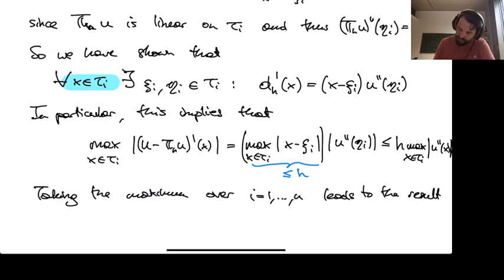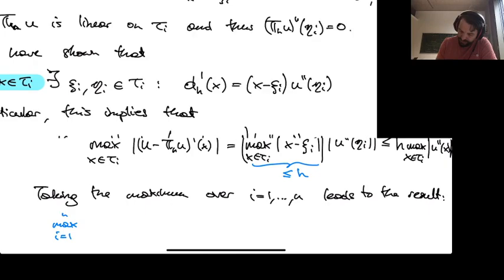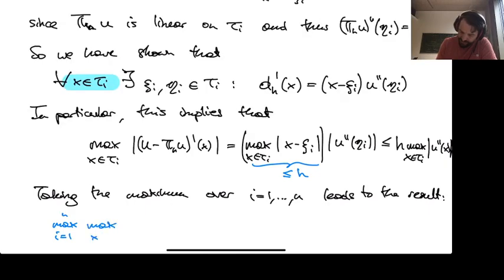Let me just show you. So max I equals 1 to n of max x in tau I of u minus pi h u primed of x is of course nothing else than max x over the whole interval 0, 1.